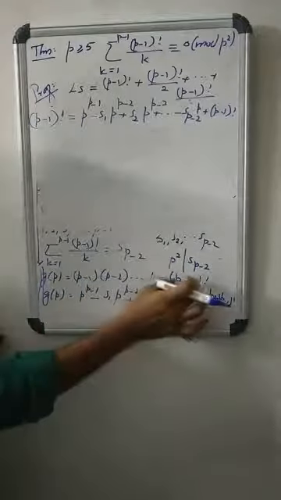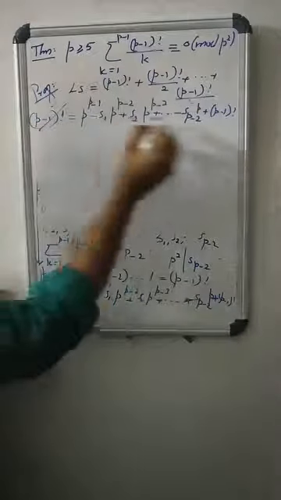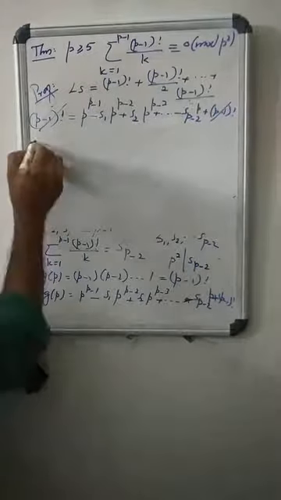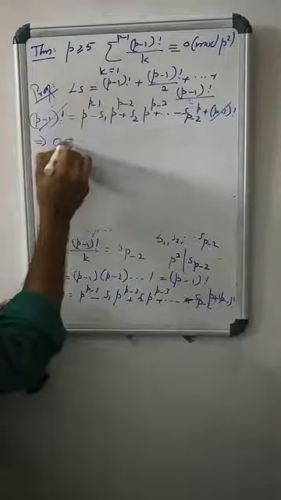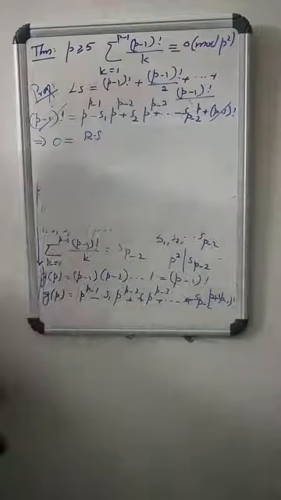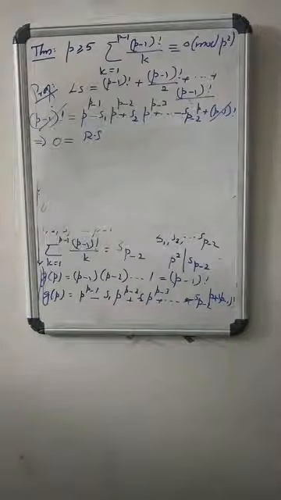Okay, g of p is nothing but (p minus 1) factorial, so you can cancel this (p minus 1) factorial. So what you get? That means 0 equals the right side: 0 equals p power p minus 1 minus s1 p power p minus 2 plus s2 p power p minus 3 etc. minus s(p minus 2) p.